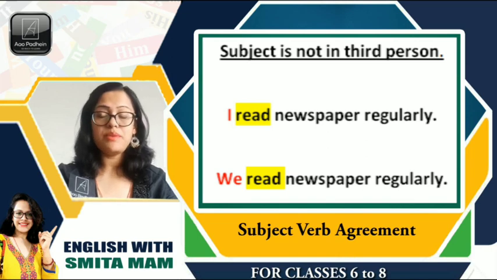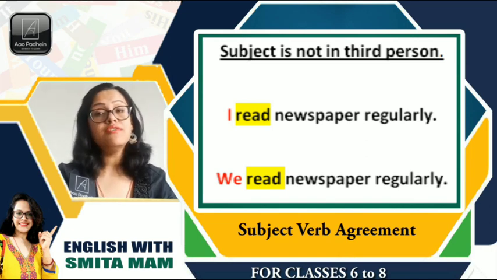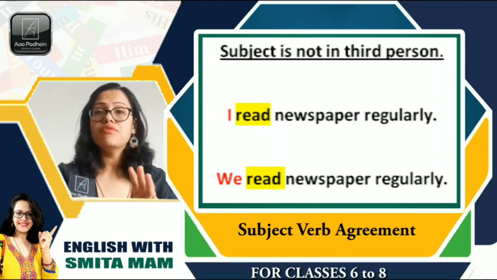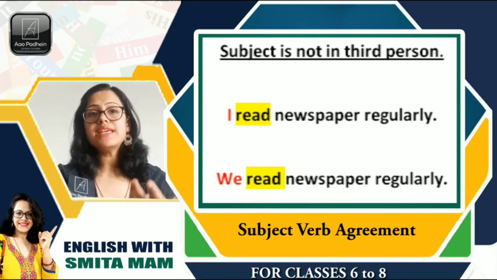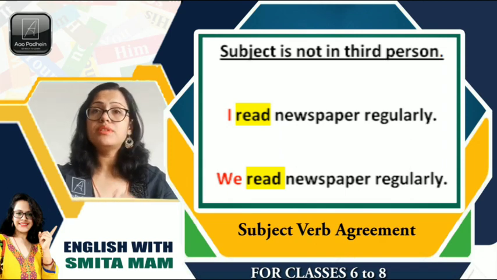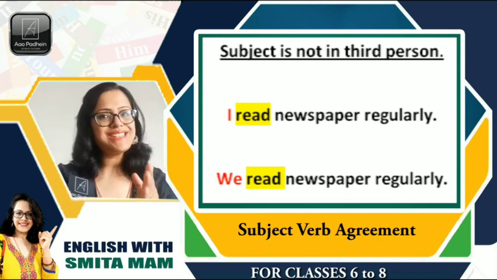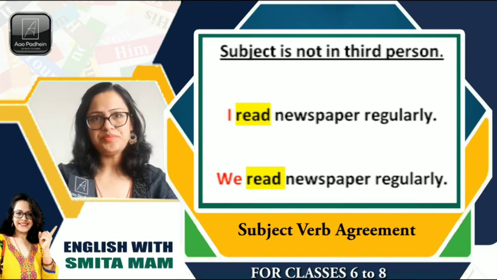We read newspaper regularly. Here we is the subject, which is plural in form, and verb read is also in plural form. So in case of first and second person, there is no rule of singular subject, singular verb, and plural subject, plural verb. Please remember this concept also.